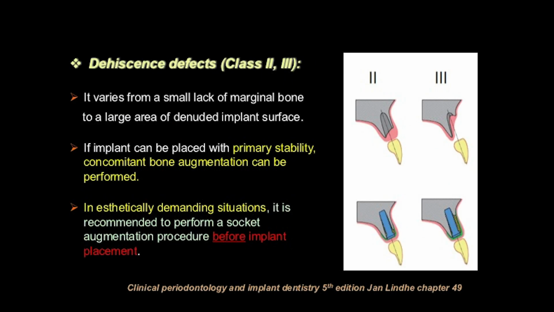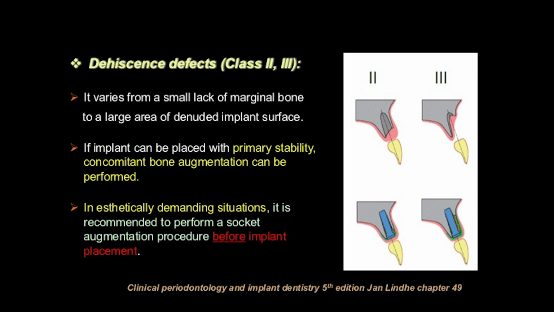Class 2 and class 3, where there is dehiscence after tooth extraction, and it varies between class 2 and class 3 as being minor or major. In all cases, you can place the implant immediately, but you have to have primary stability at the time of implant placement, and augmentation will be concomitant with this type of immediate implant placement.